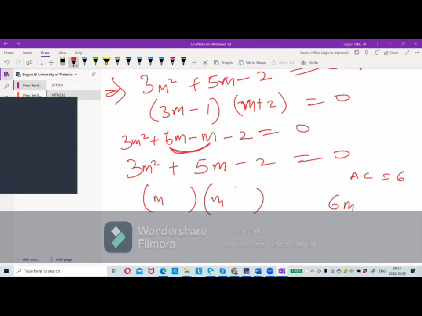So I can rewrite it as 3m squared plus 6m minus m minus 2. I will not touch these two at all. I only need AC to tell me what I need to remove that will give me 5m. Do you agree with me?